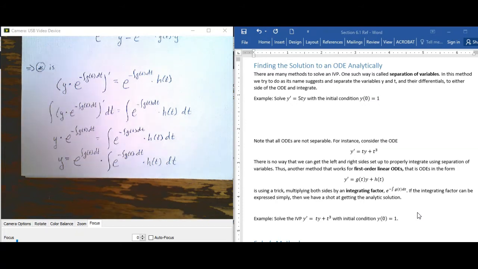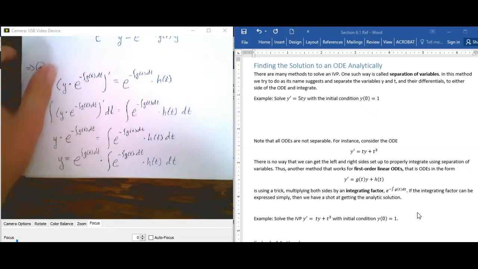Okay. So note that we have this right-hand side all in terms of t now. So as long as these integrals are relatively simple, we can find the solution for our differential equation. Okay. So let's try an example.